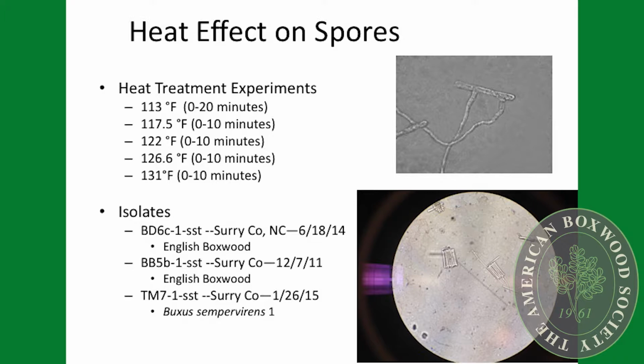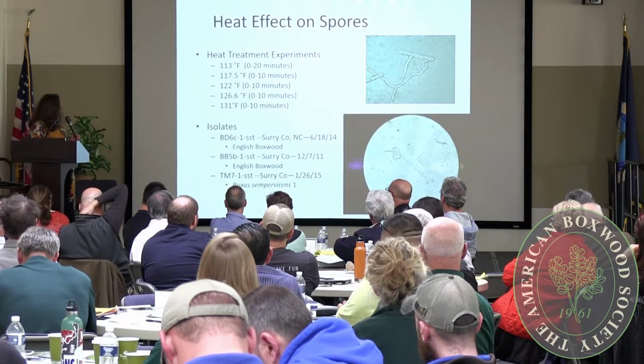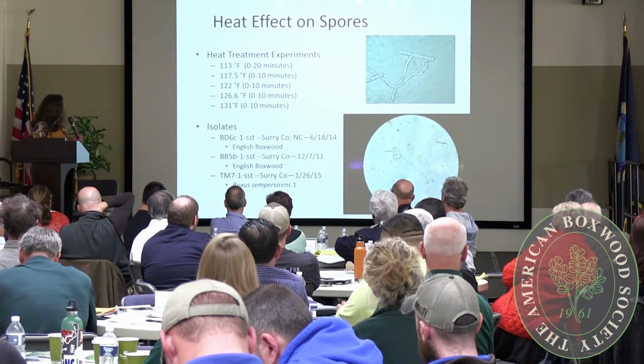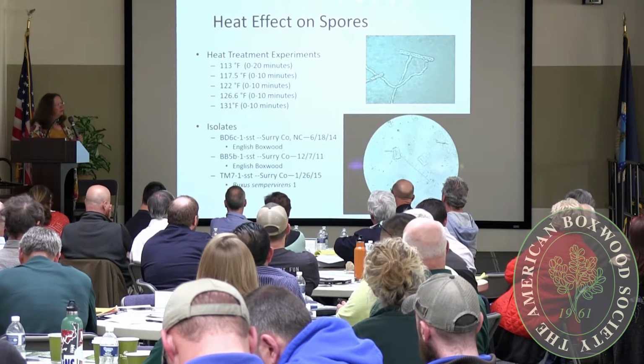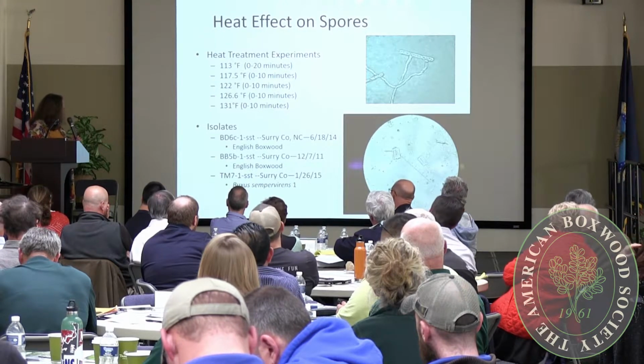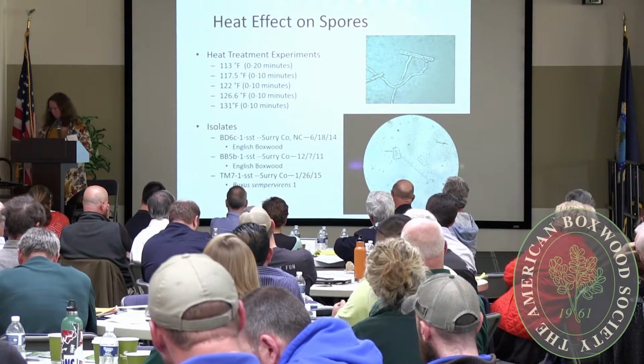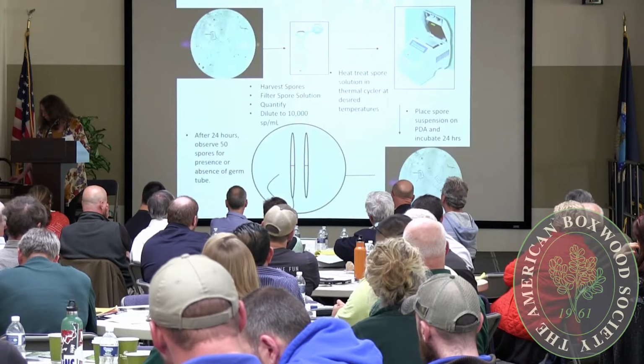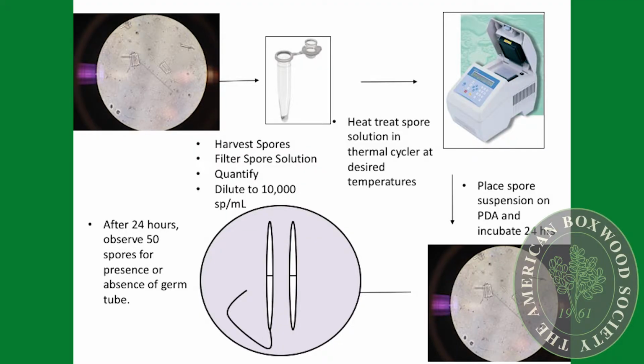In Mark's experiments, he looked at temperatures ranging from 113 Fahrenheit to 131 Fahrenheit, and he looked at a range of different isolates taken from English boxwood or plain strain sempervirens, and had a really nifty system for doing that.